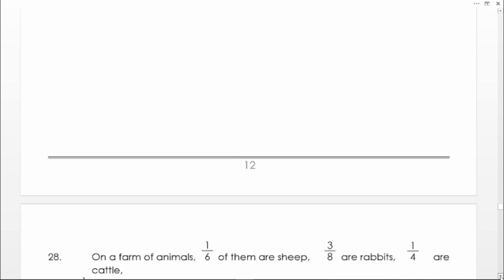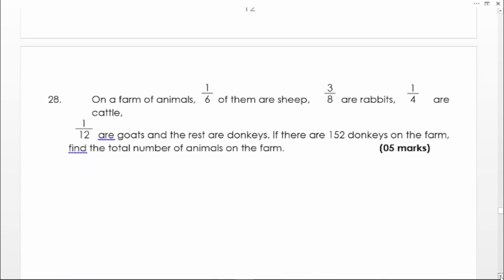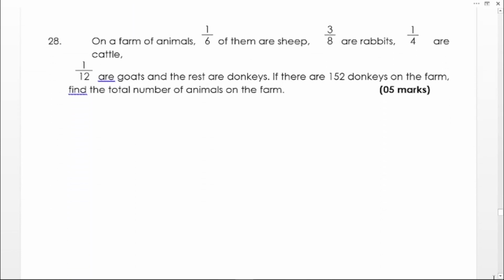So let us move on and get our number 28. Wow! Number 28 is all about fractions. On a farm of animals, a sixth of them are sheep, 3/8 are rabbits, a quarter are cattle, a 12th are goats, and the rest are donkeys.